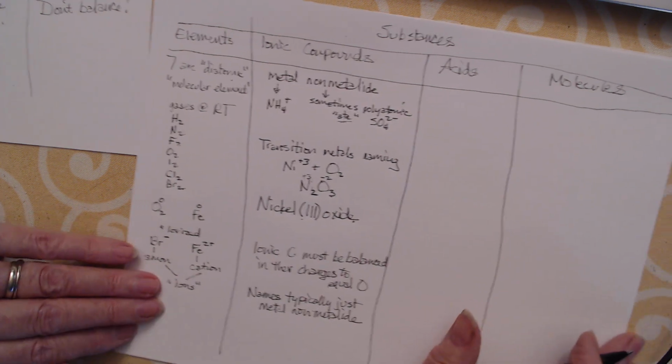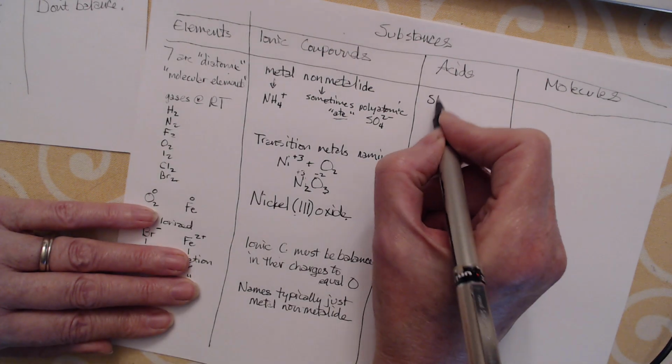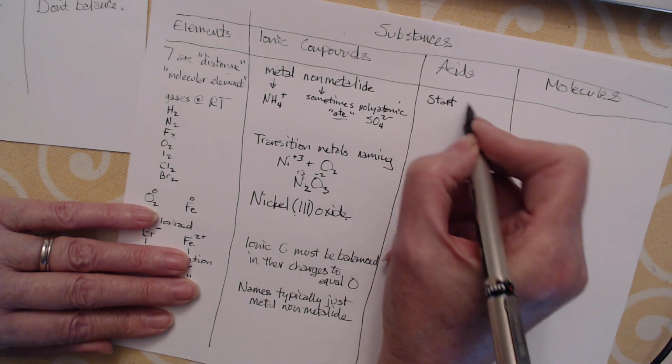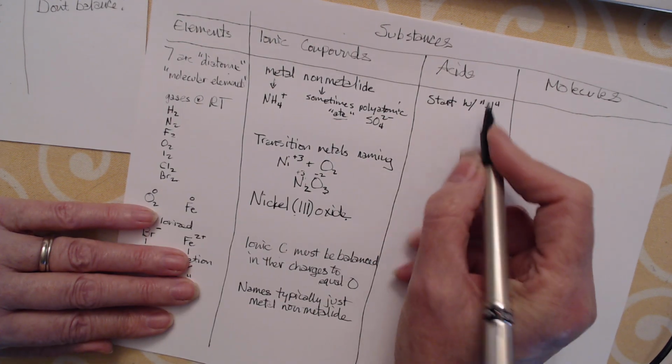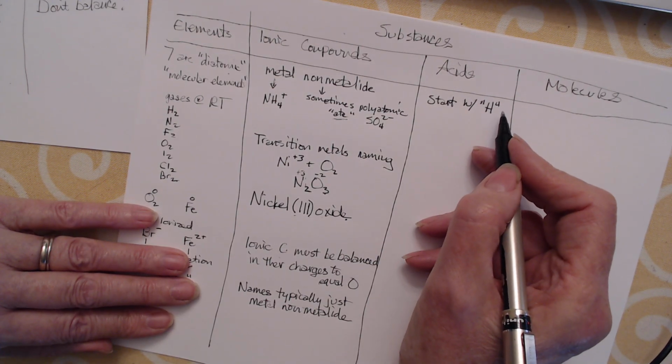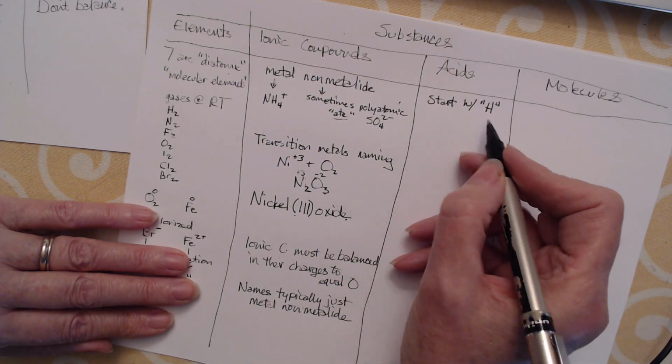Okay, all right, next let's look at acids. All acids' names start with an H, and that's how we identify what an acid is. The basic naming convention will vary.